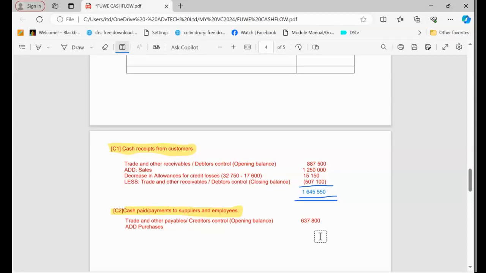Oh, yes, the other one was periodic. That's true. Under periodic, when we buy goods, we call them purchases. But under perpetual, when we buy goods, we call them trading stock or trading inventory. So purchases here are the same as inventory in a way.